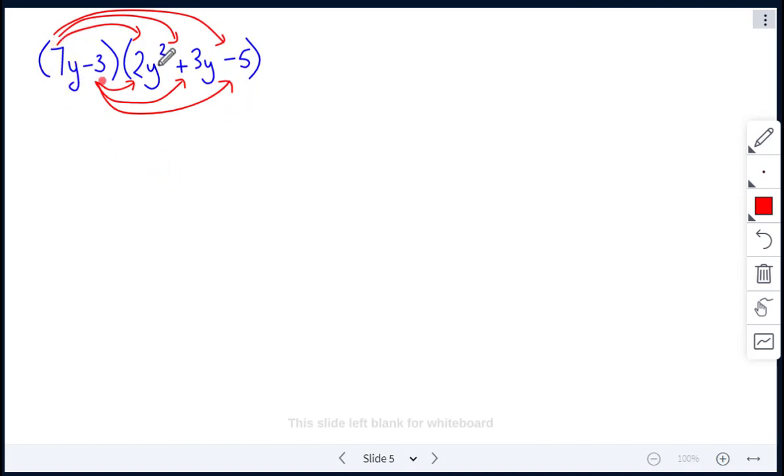So 7y times 2y squared, that gives me 14y cubed. Then I have 7y times positive 3y, which is positive 21y squared. 7y times negative 5, which is negative 35y.